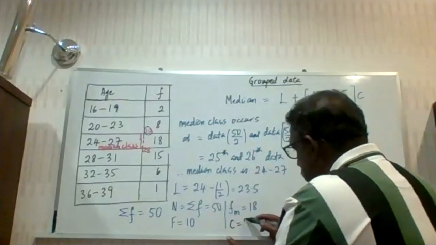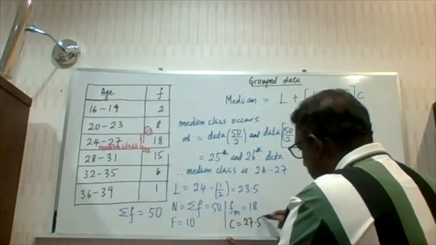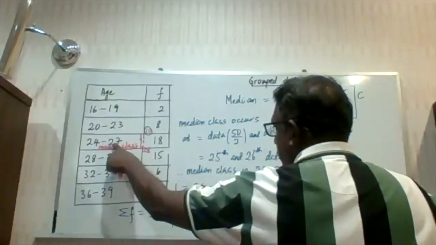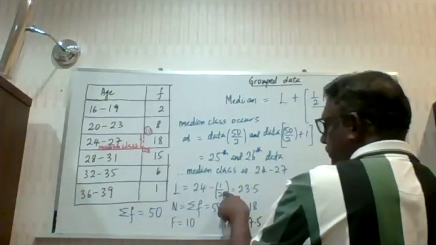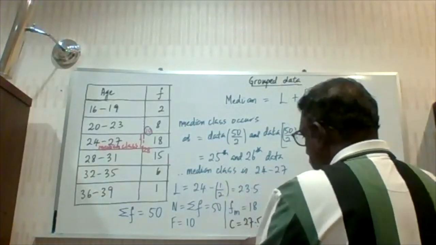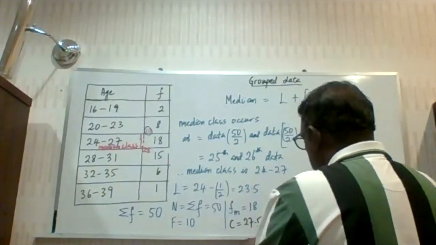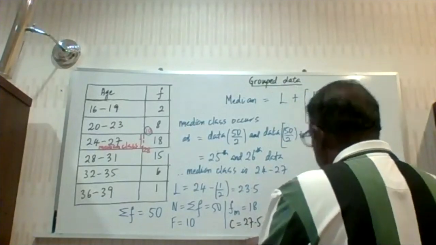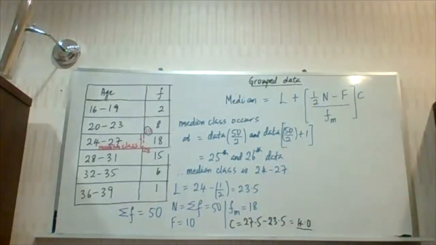So it will be 27.5. How do I get 27.5? Upper boundary is 27 plus half, okay, half is the gap. So minus 23.5 gives you 4.0. That's my class interval. So now I've got all my information.